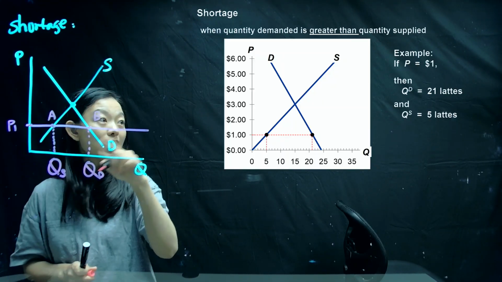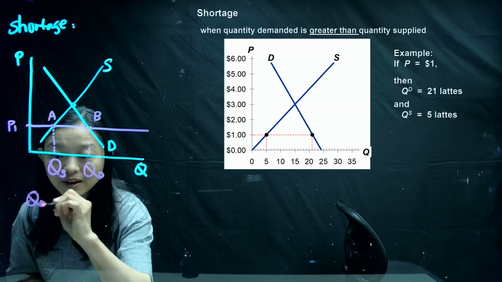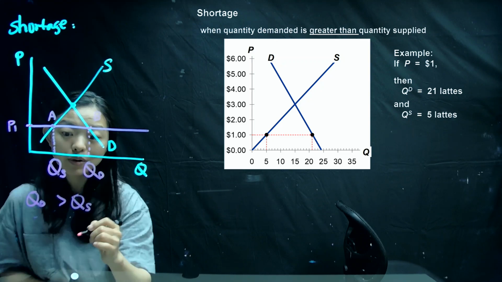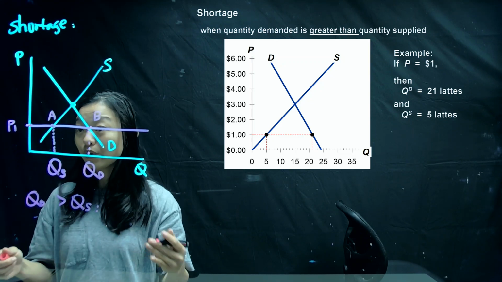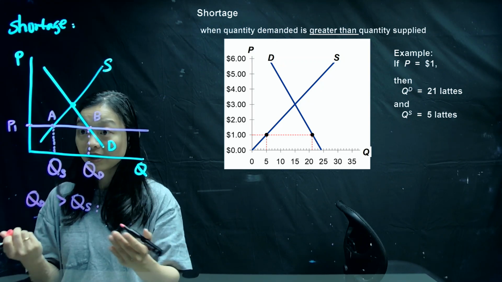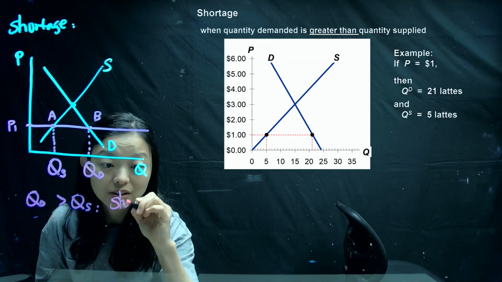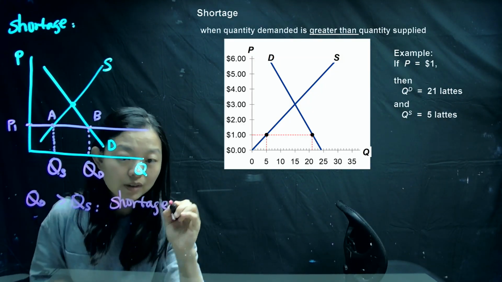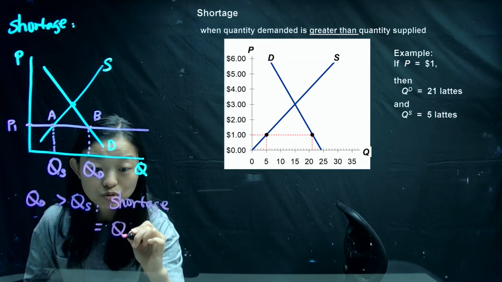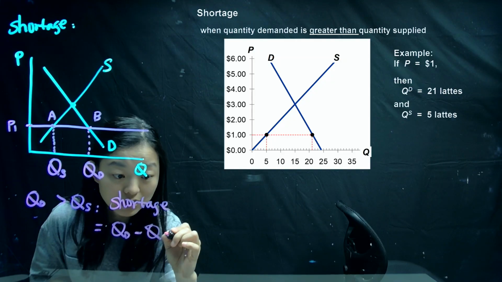You can see in this case, we have quantity demand larger than quantity supply, which means consumers would like to buy more. However, there are not enough products in the market. So you create a shortage. And the shortage will equal quantity demand subtract quantity supply.